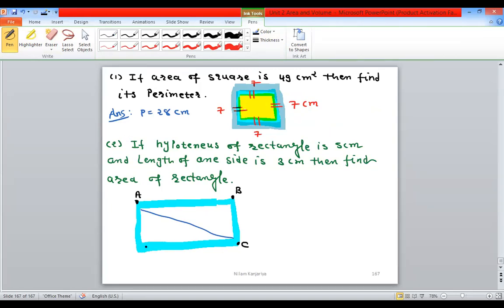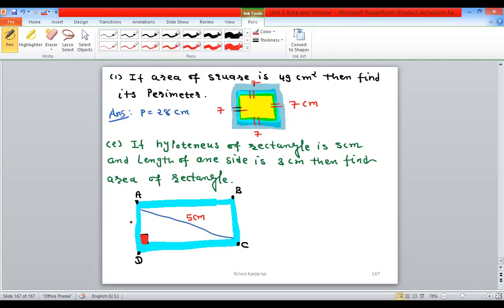And draw the diagonal, and you know all angles in the semicircle are 90. So this is your 90. Here the diagonal is given as 5 centimeter and any one side of the rectangle is 3 centimeter.